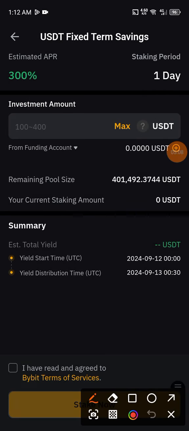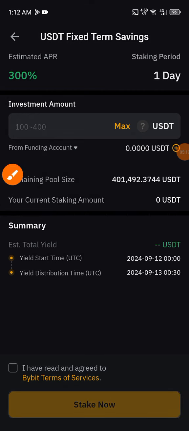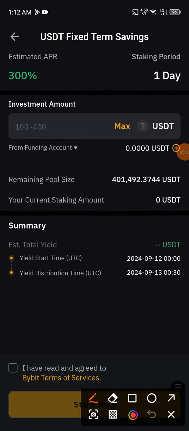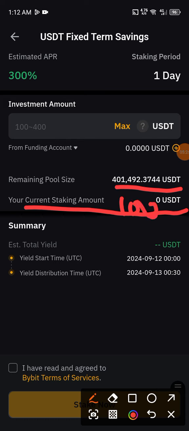Then your current staking amount will be appearing here, and make sure it's available 100, because less than 100 cannot stake this pool.